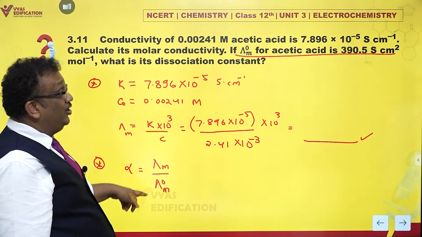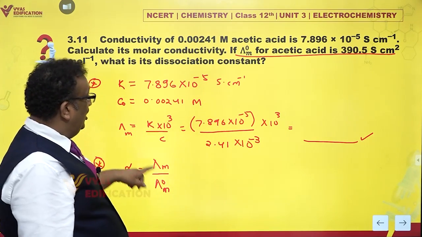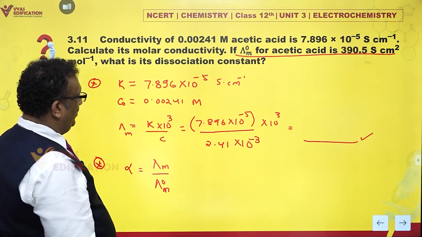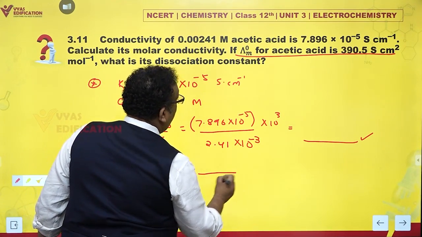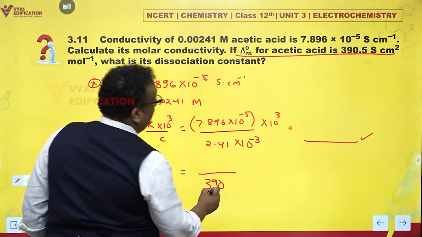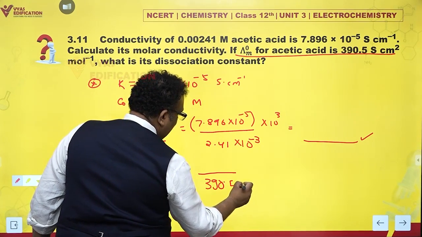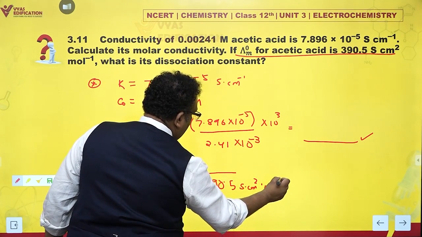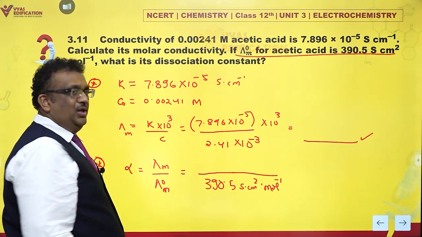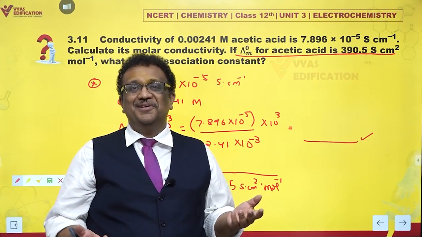So, I can get the degree of dissociation simply by this. That would be lambda m by 390.5 Siemens centimeter square per mole. All I would need to do is just substitute.